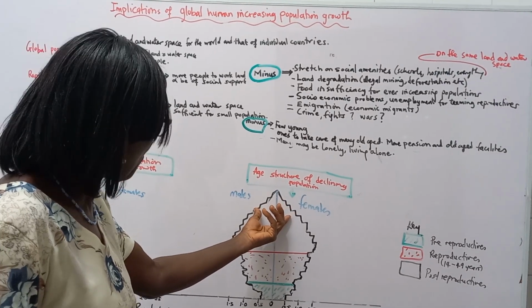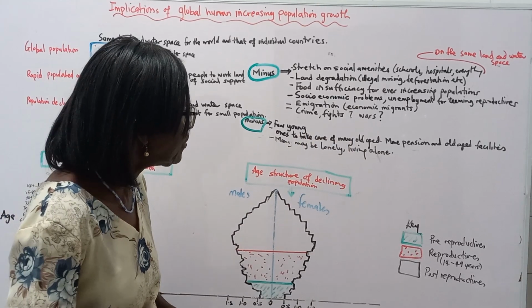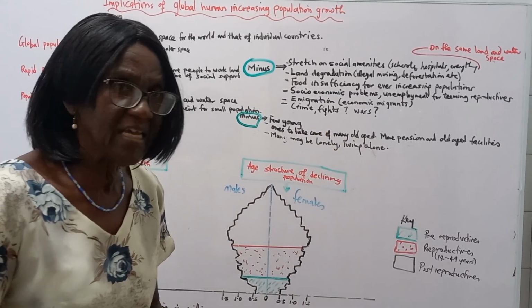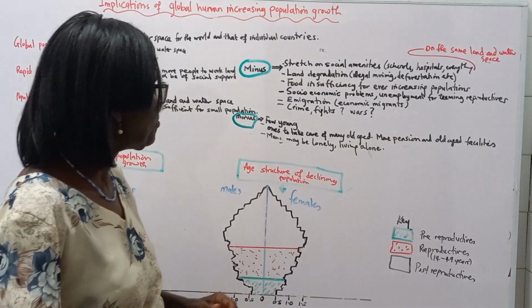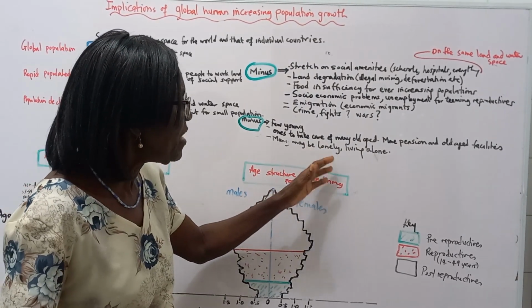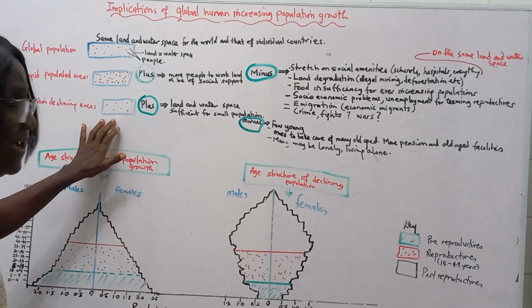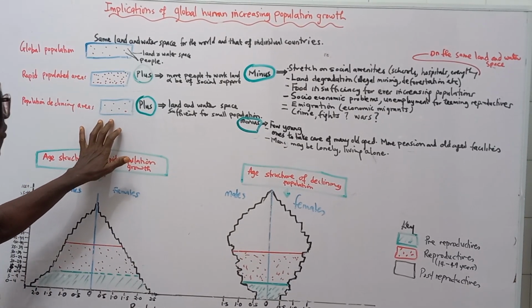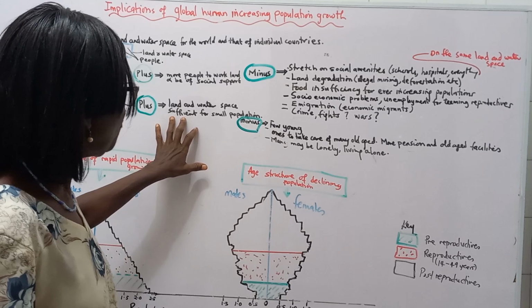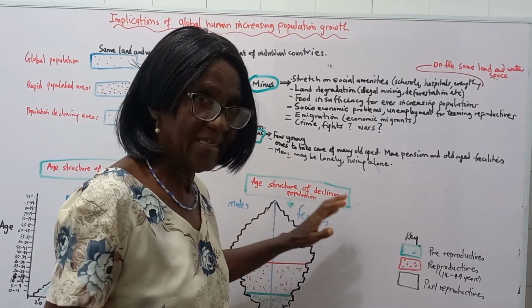That is the problem: few young ones care for the old. More pension schemes and old-age facilities will have to be put into place. The minus is that many people may be living alone, and yet the plus is big. There's big land, well taken care of, and sufficient food and amenities for the small population, and yet the disadvantages are there.